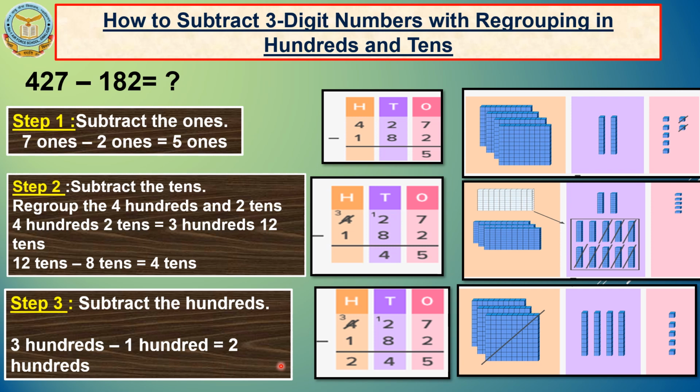Write down 2 in the hundreds column. Hence 427 minus 182 is equal to 245. In this way, we can subtract 3-digit numbers with regrouping in hundreds and tens.